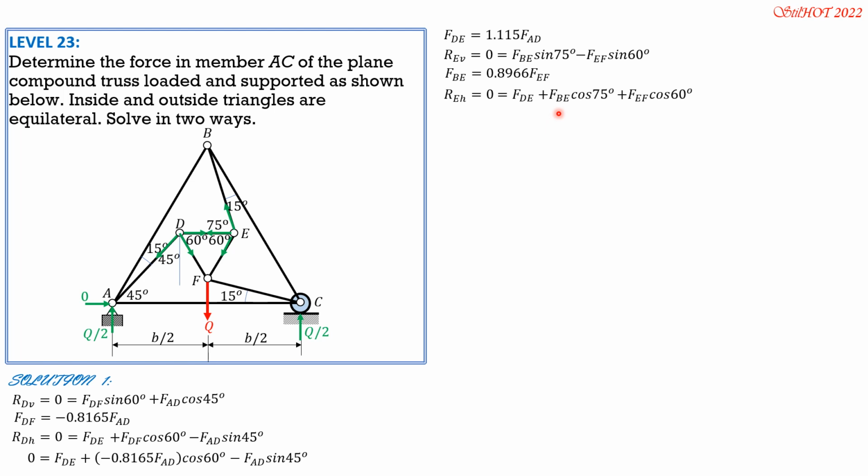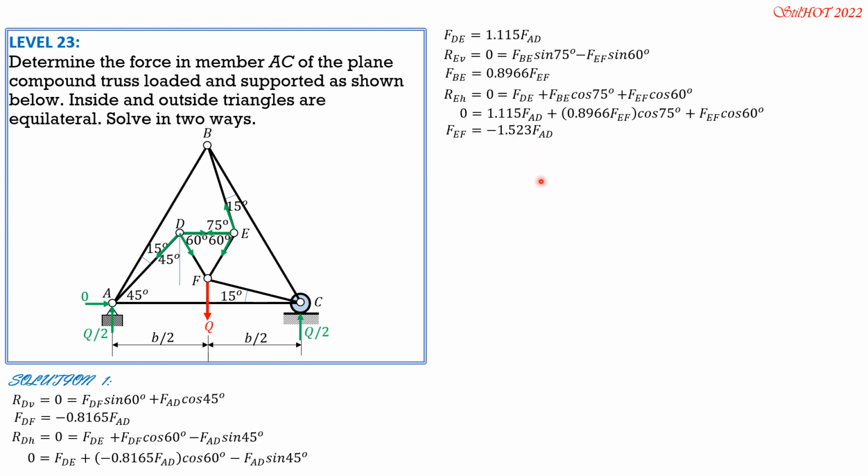Then substitute the value of FBE in terms of FEF and FDE in terms of FAD. So 1.115 FAD plus quantity 0.8966 FEF cosine 75 plus FEF cosine 60. So the last two terms are like terms. Then we can express FEF in terms of FAD. So it is negative because we transpose this to the left. So FEF is equal to negative 1.523 of FAD.